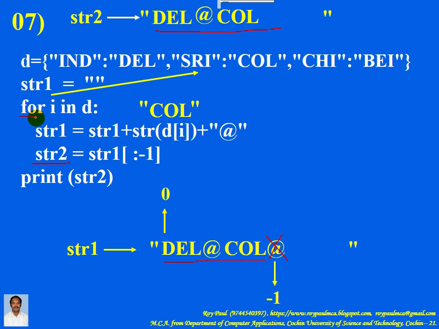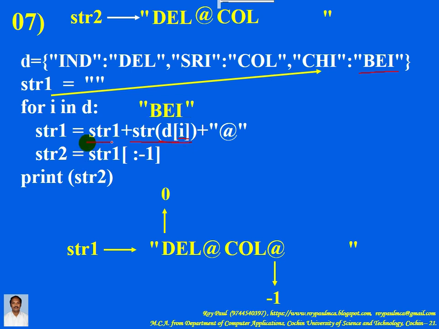Because of this for loop, statement repeats. The last key of dictionary D, which is CHI, China, appears in variable I. So now I is pointing to CHI. Again, D of CHI will give you the corresponding value BEI. str of BEI gives you string BEI.